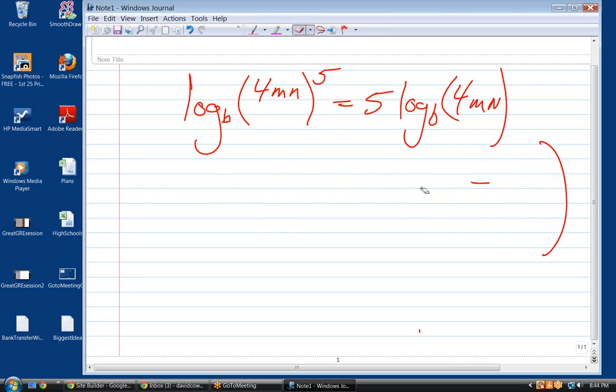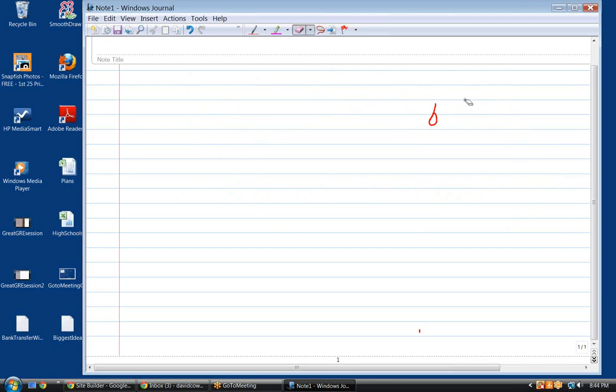Okay. Alright. The next one is another expanding one. It's log base b, and then x, y in the parentheses to the power of 4.